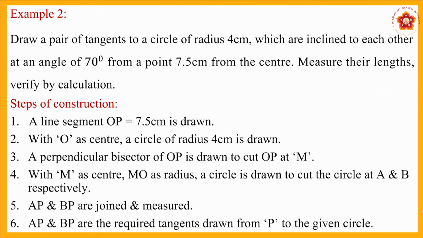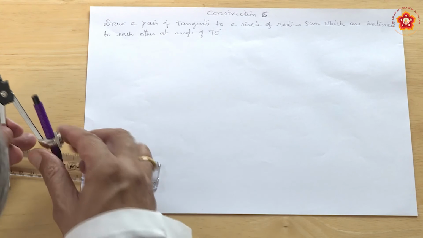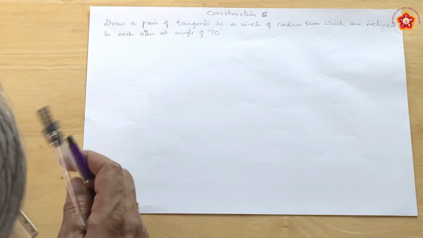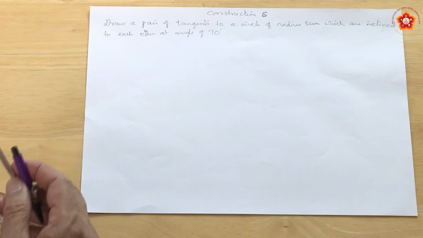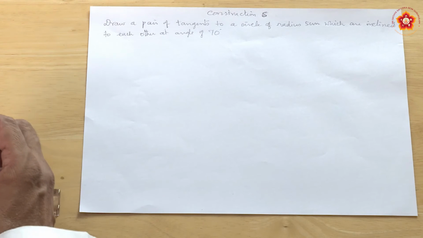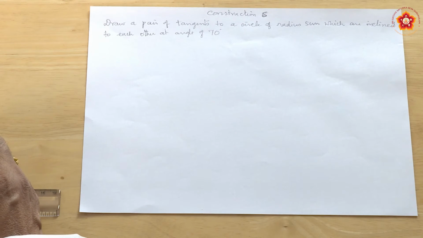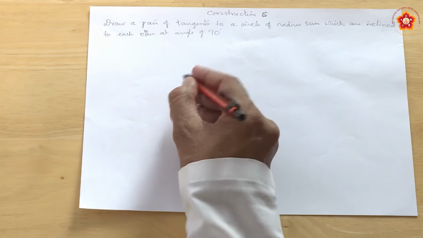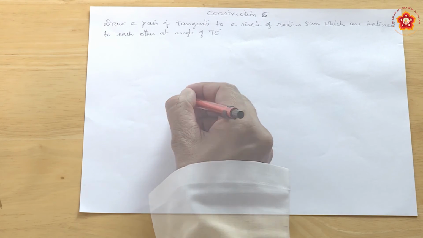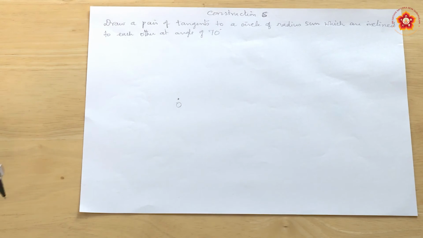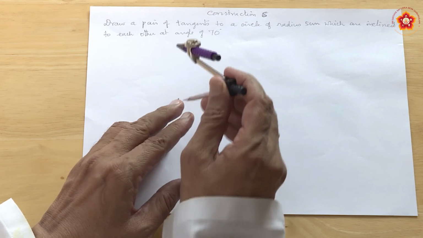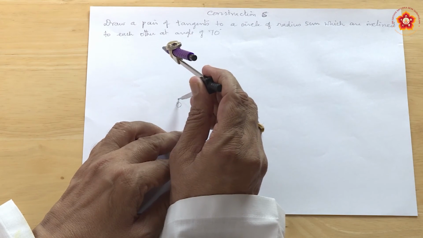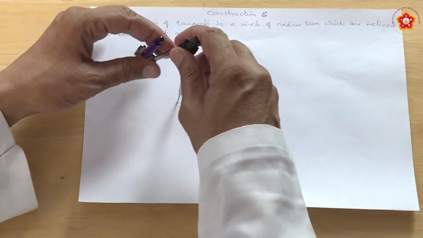As usual, we will take a scale and compass and take the radius as 5 centimeters. First, you mark the center. Mark the center as O in the middle of the page. With O as center, draw a circle of radius 5 centimeters.